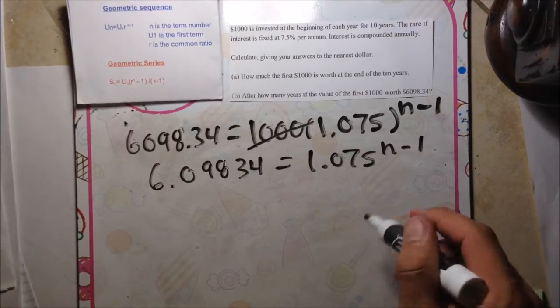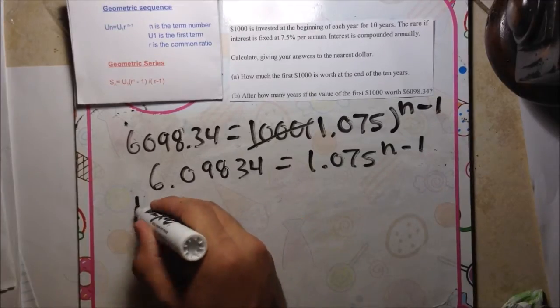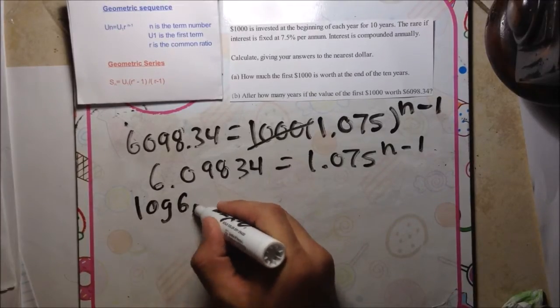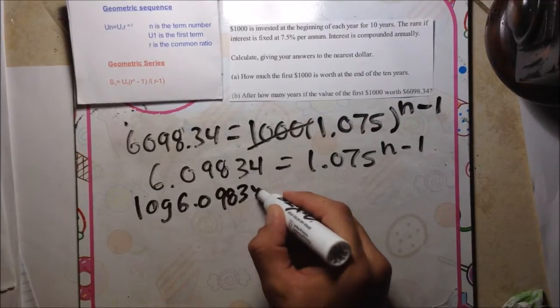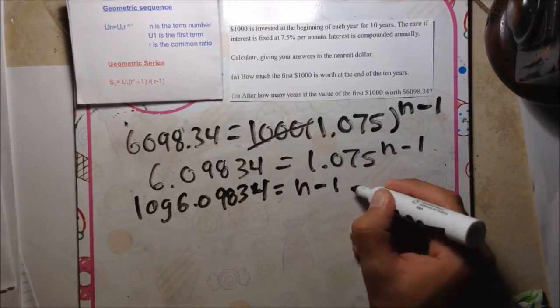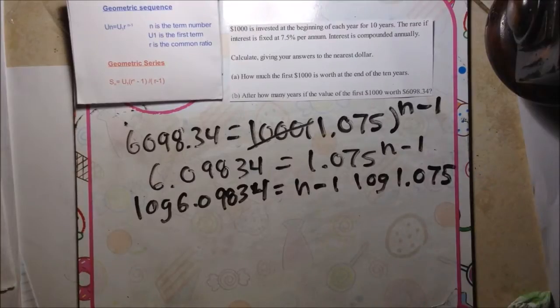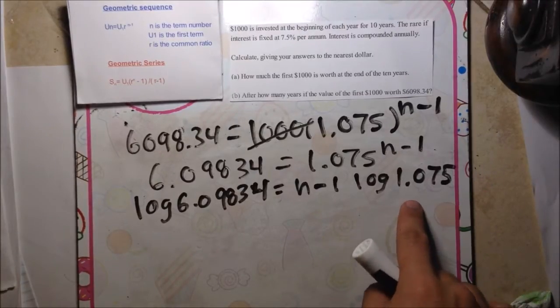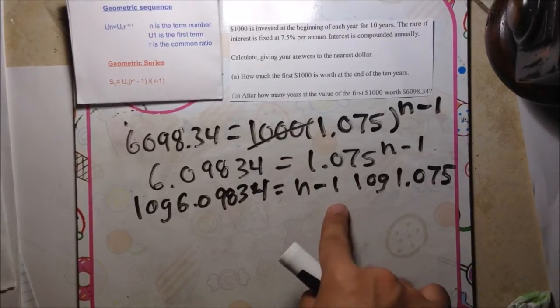Now what we want to do is get rid of this exponent here, so we can use log to do this. We do log 6.09834 equal to n minus 1 times log 1.075. So now we can simply divide this number by this number in order to isolate the n minus 1.